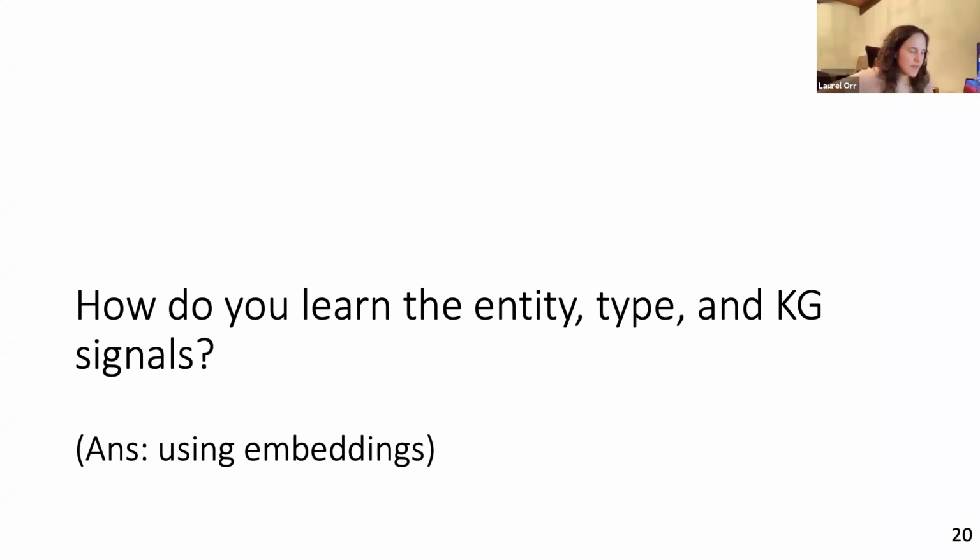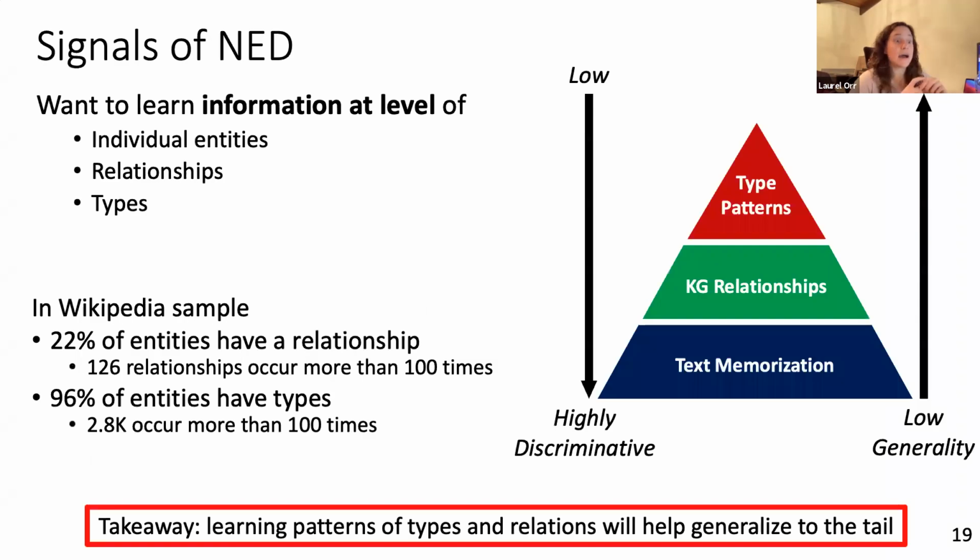Yeah, absolutely. That's something that I don't talk about the details of in this talk. There's actually a fundamental question here, which is when you're giving a model different pieces of hierarchical knowledge, how do you help it learn at the right level?